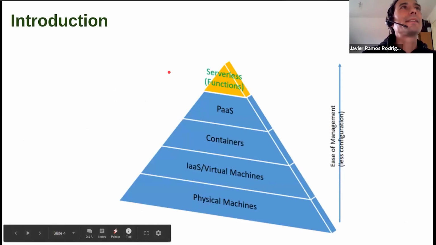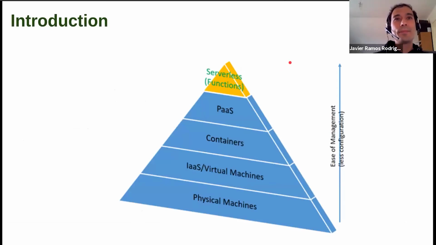Okay, so let's start. Well, the introduction, everybody knows this graph. There are different levels of abstraction. On-prem, you have to manage all the physical machines. Then you have infrastructure as a service, where you have the fixed set of bare metal and you just manage virtual machines. The next level of abstraction is containers, where you have this abstraction of your libraries and code bundling in containers.